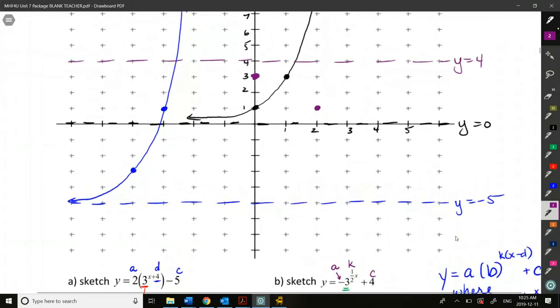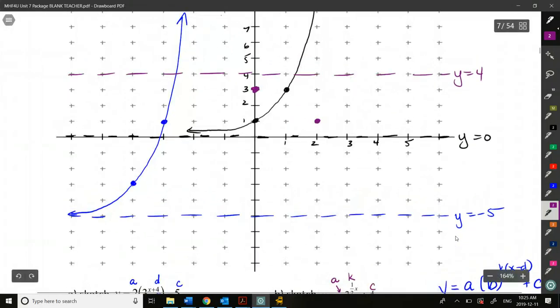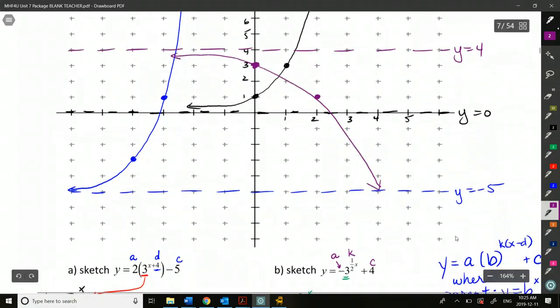Okay, so we've got a couple options. I could have this shape, like so, or this shape. Yes, because we can't cross the asymptote, right? So we're going to curve toward the asymptote here and down toward the right. And then it's already negative, so it has to be flipped, right, so that would make sense, right? That we've kind of flipped the graph vertically.